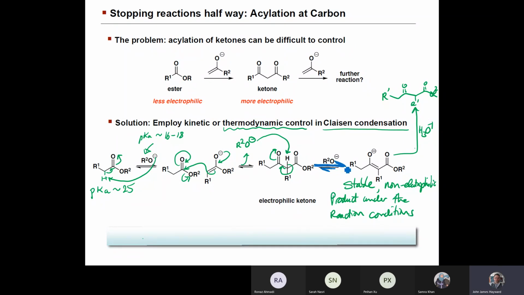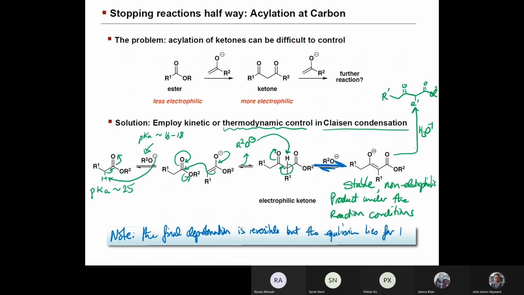This deprotonation is effectively irreversible. Note that the final deprotonation is reversible, but the equilibrium lies far to the right.